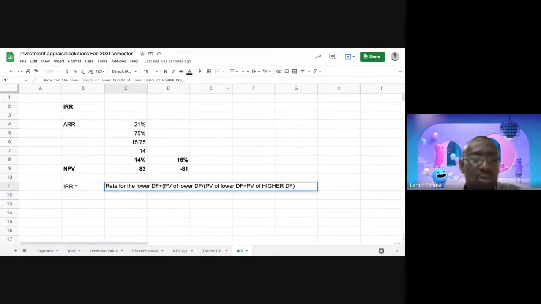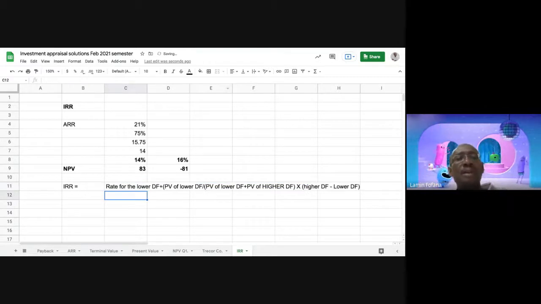So all that multiplied by the difference of the higher DF less the lower DF. Okay, so we're going to do this quickly. What is the rate in this question?